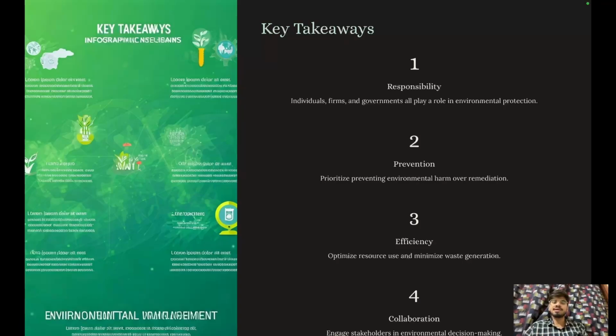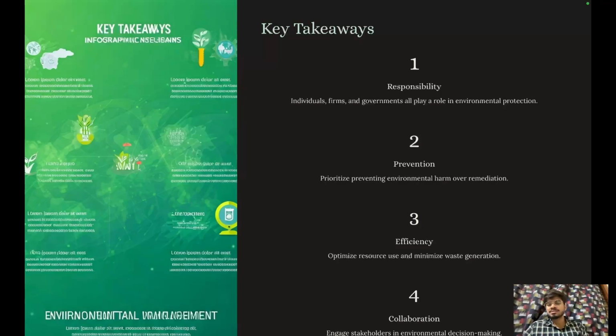The key takeaway, or the summary of this, is that the entire thing is divided into four parts: responsibility, prevention, efficiency, and collaboration. Responsibility is where individuals, firms, and governments all play a role in environmental protection.